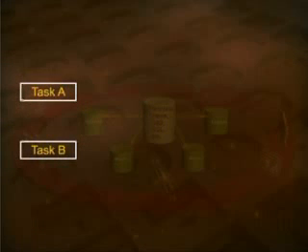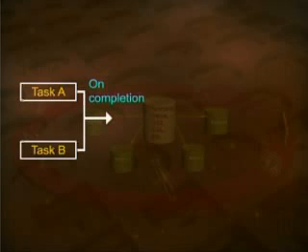Similarly, the flow in a DTS package is dependent upon different outcomes. For ease of understanding, again look at the screen. There are two tasks, task A and task B, and on completion of these two tasks, task C can be executed. It means that unless and until task A and task B both are completed, task C cannot be executed.